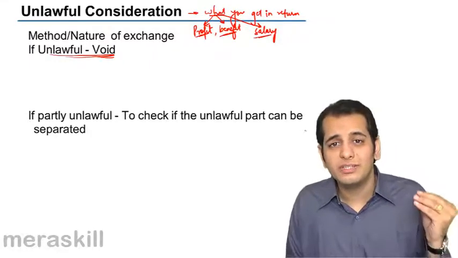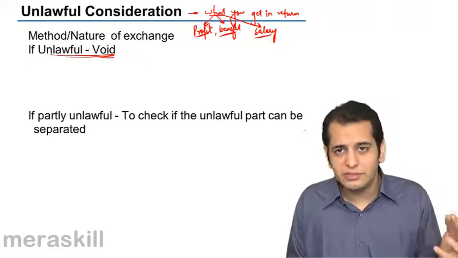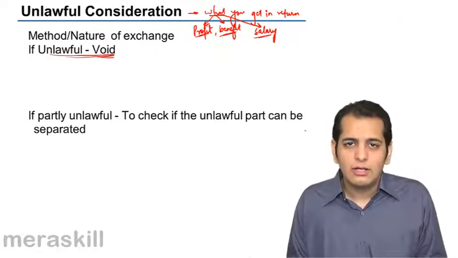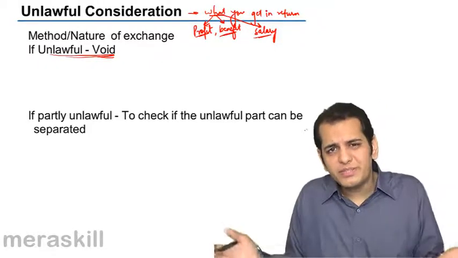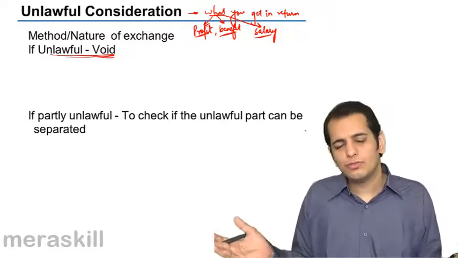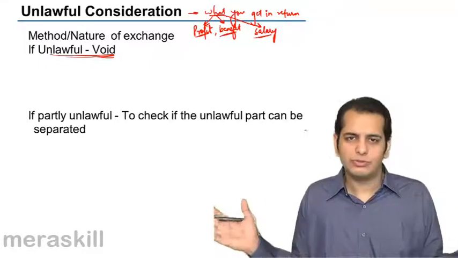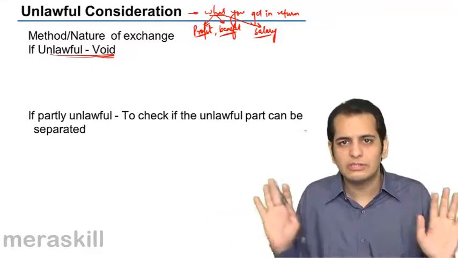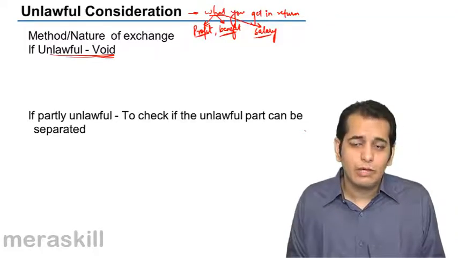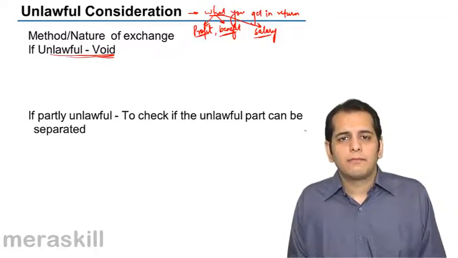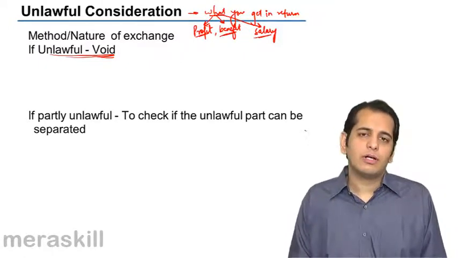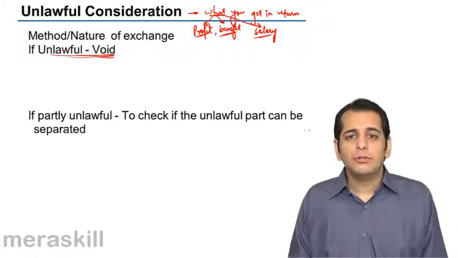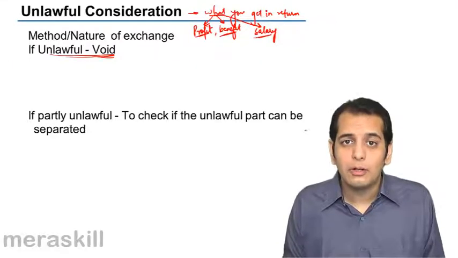I'll give you one more example on this. You want to purchase a car. So, the object here is pretty much legal, it is lawful. Purchasing a car is okay with law, it is a legal thing to do. However, you tell the seller of the car that you'll pay him from your black money.